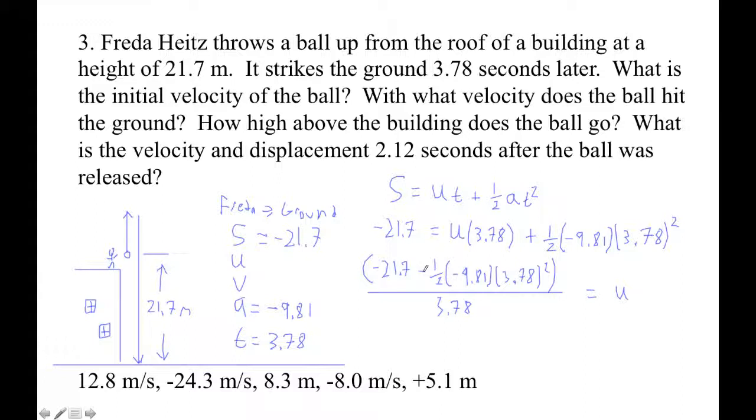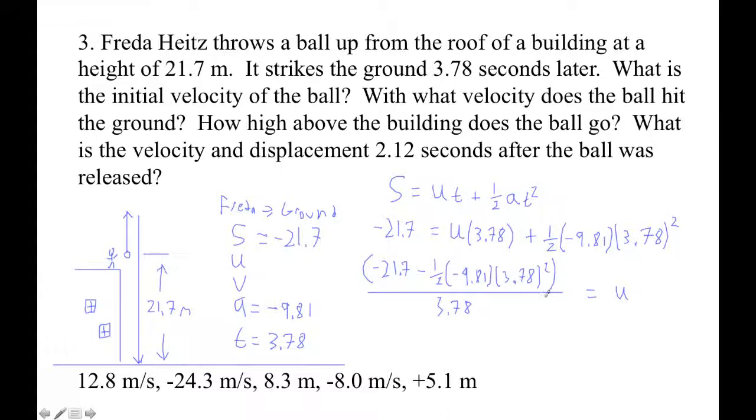All right, here we go. So left parenthesis, negative 21.7 minus 0.5 times negative 9.81 times 3.78 squared. Is that indeed what I typed in? Looks like it. Okay, right parenthesis, ending my numerator, divided by 3.78.